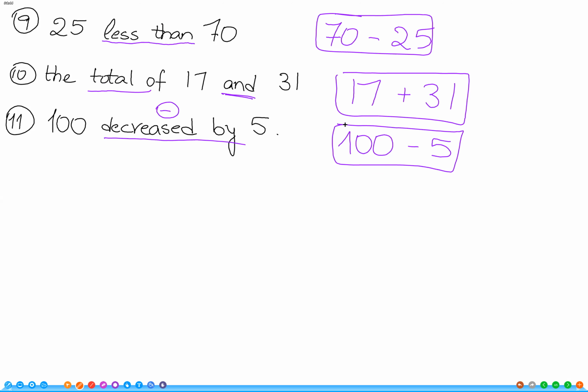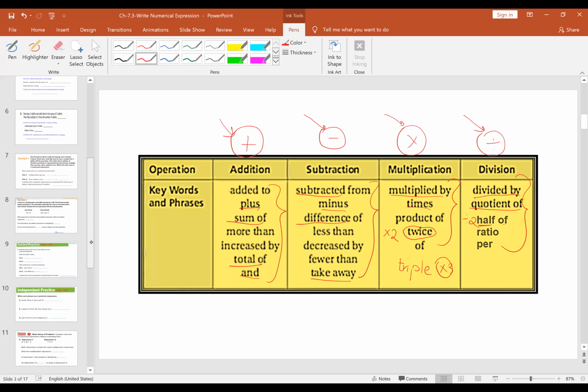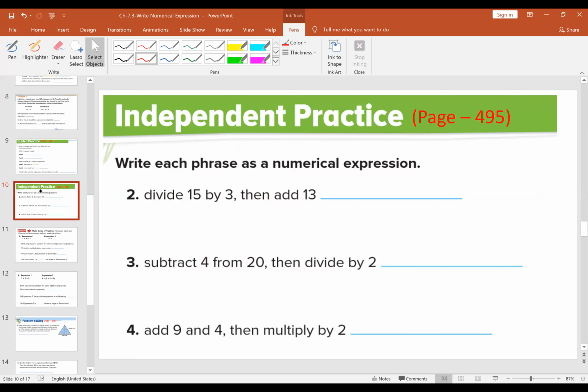Okay. Now, once we are done with these examples, let's try to solve a few more examples that have two operations. If we go to these examples, write each phrase as a numerical expression.